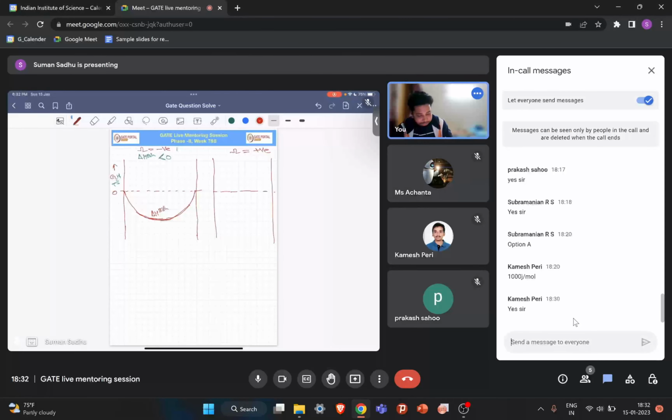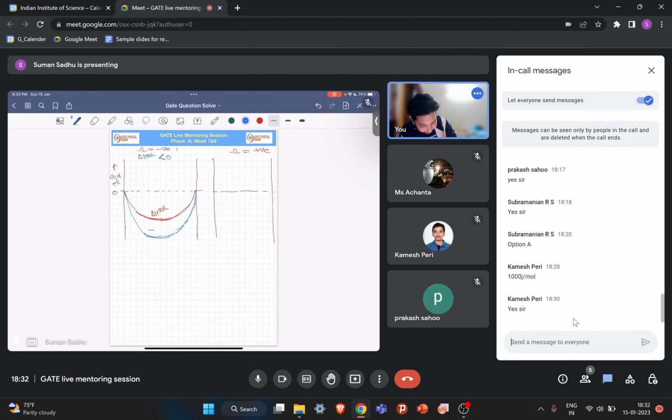Okay. And what will be the minus T delta S? Minus T delta S will be this one. This is also symmetrical, right? In the previous class also we have solved this. We have found out that delta S config becomes maximum at XA equal to XB equal to 0.5. Right? This is also symmetrical.